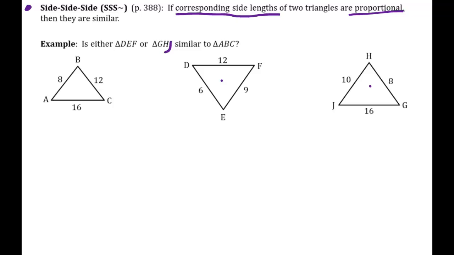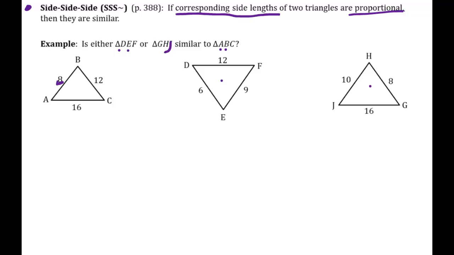So we have to set up some ratios, and they have to be of corresponding sides. If you have a similarity statement, we want letters 1 and 2, AB, to be similar to DE. If you're not given the letters in order, or not given the letters at all, then on ABC, I want the smallest side, which is 8.